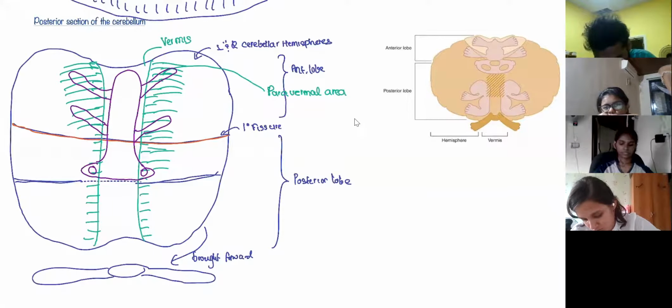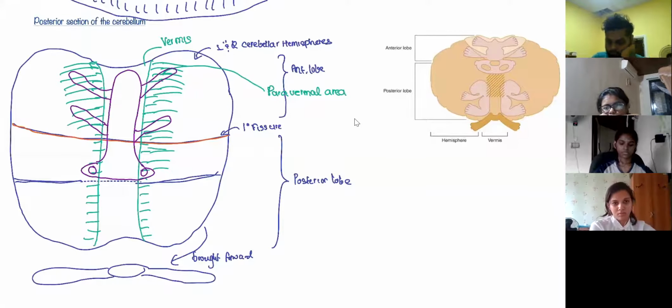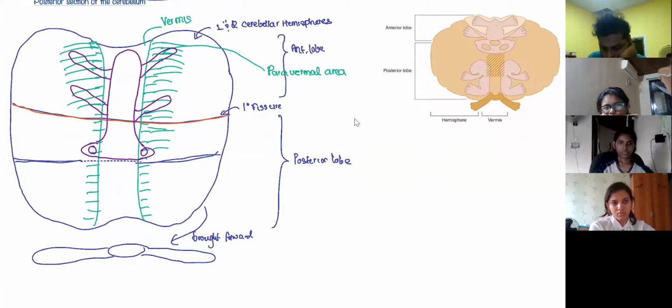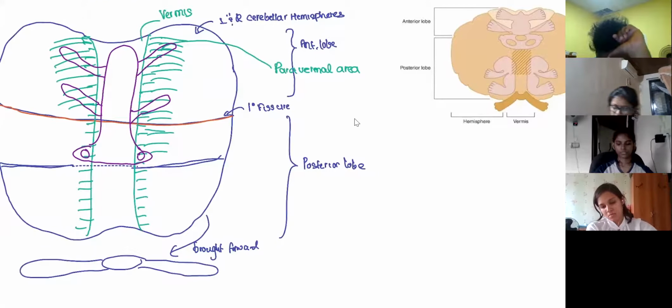So when we talk about damage, if we say medial cerebellar damage, we are talking about the vermis. If we are talking about axial damage, it is the paravermal area.